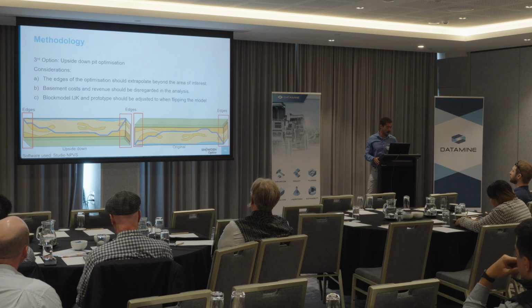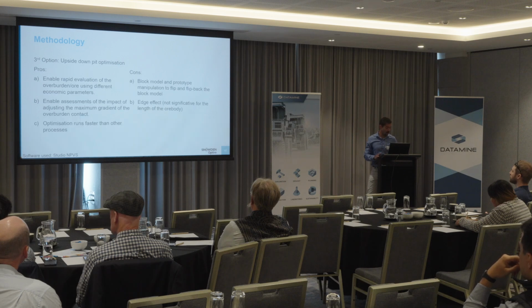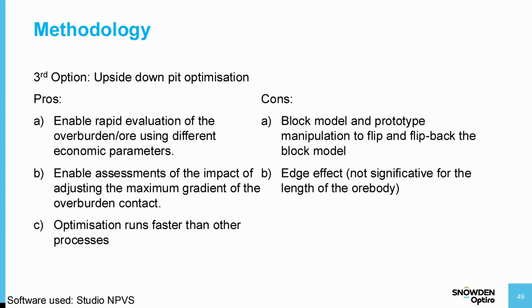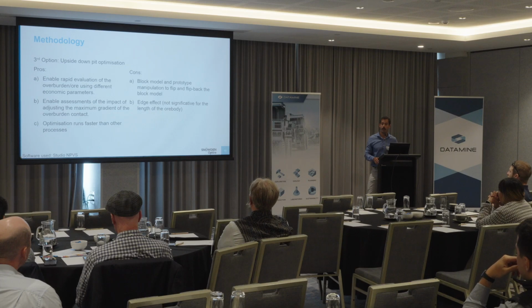So these are the three considerations, but this methodology shows that it's really efficient, and we can quickly use it to do many evaluations, such as, with a different cutoff grade, what will my overbody contact be, as well as assess the gradient of the overbody contact.